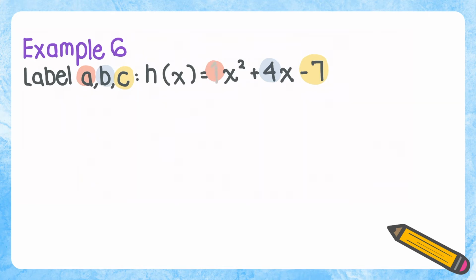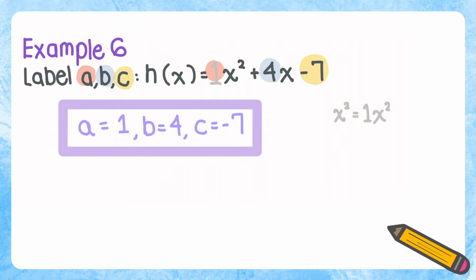Remember, right here, it's like there's an invisible 1. Because x squared and 1x squared are the same thing. We just don't write the 1 usually. So we know that a equals 1, b equals 4, and c equals negative 7.